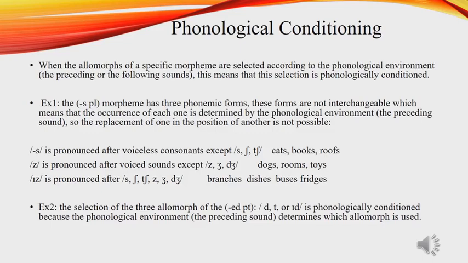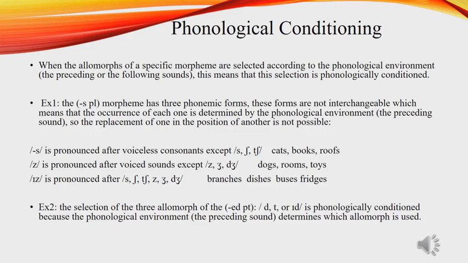Because the preceding sound is /g/, the preceding sound is /m/, the preceding sound is a vowel in toy, the S plural here is pronounced as /z/. So we select the /z/ allomorph in these words because we depended on the preceding sound, and the preceding sound is a voiced sound in each word. That is why we have to choose the /z/ allomorph. So it is phonologically conditioned.